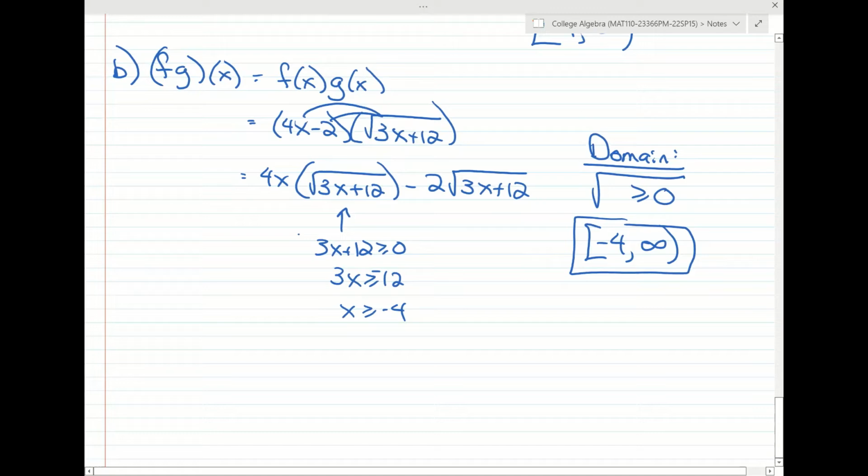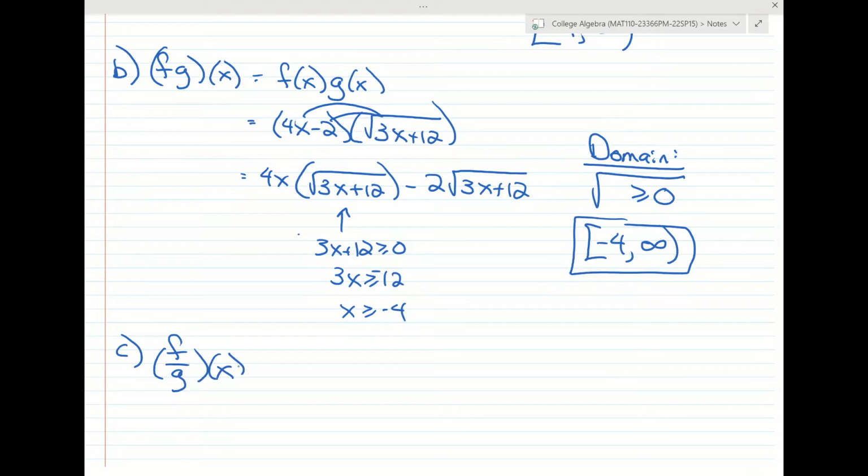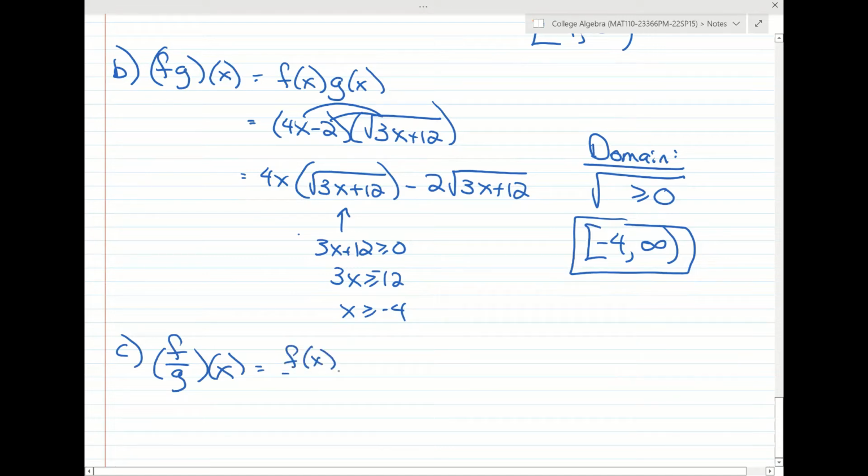And if we had one a little bit different? What if it was f over g of x? So this just means we take f of x and we divide by g of x.